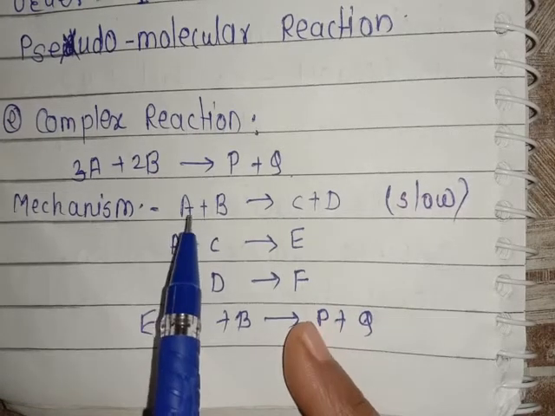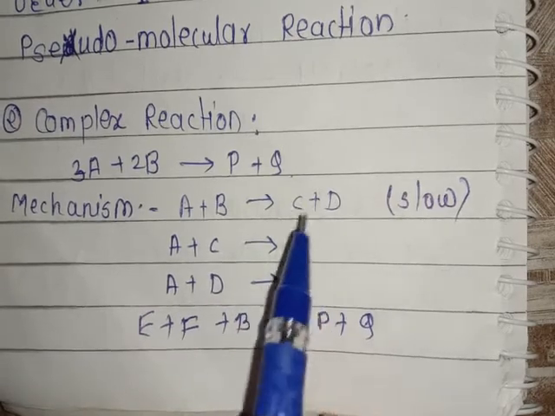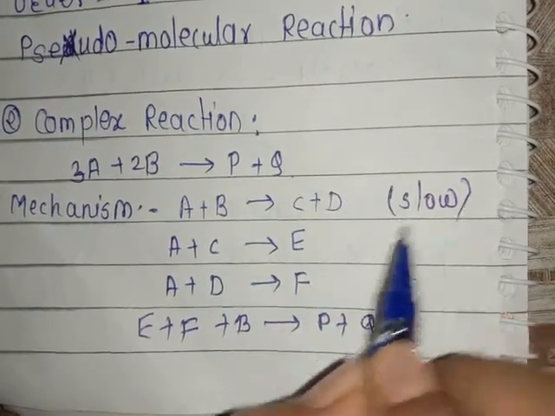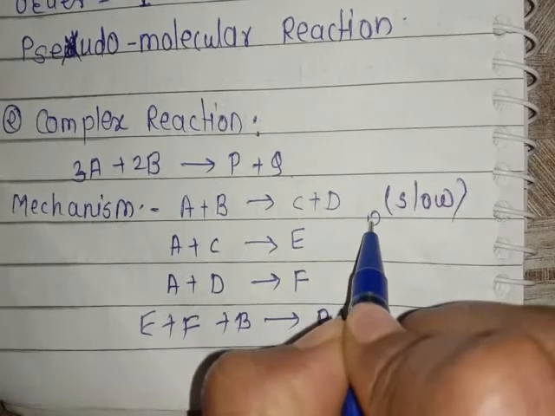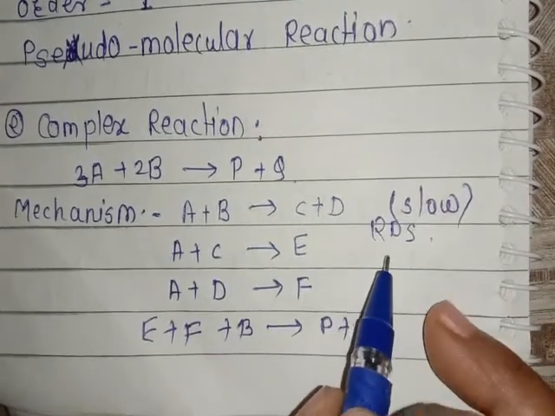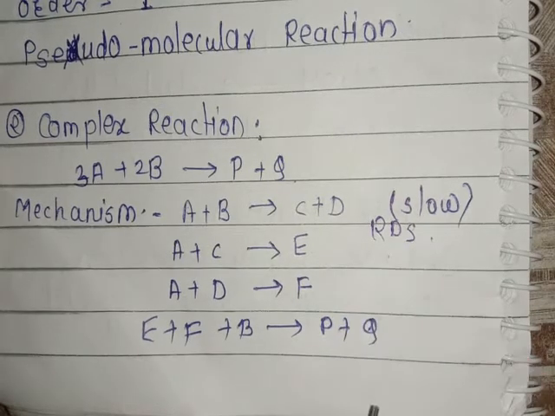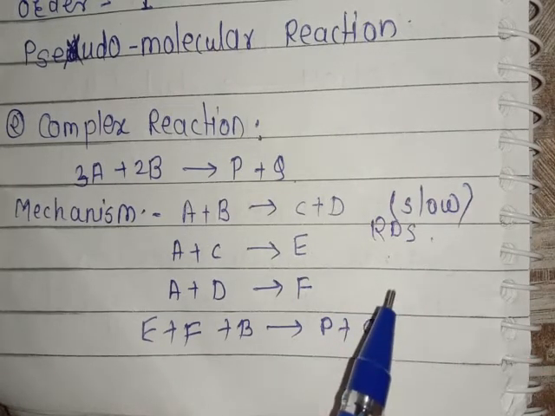So in the mechanism, which step is slow? That is the rate determining step. It is called RDS, and it is important for determining the rate of the overall reaction.